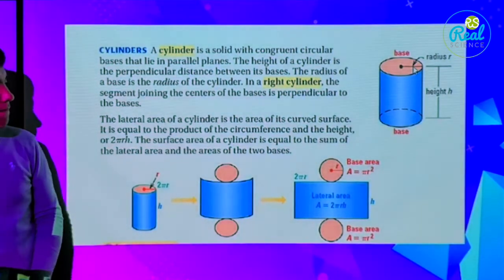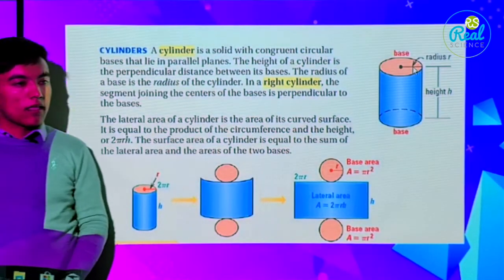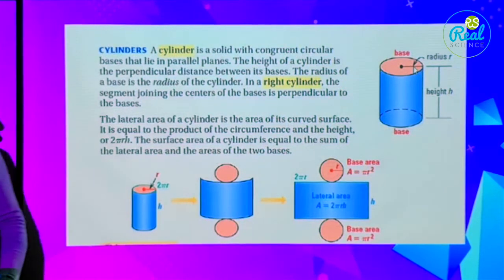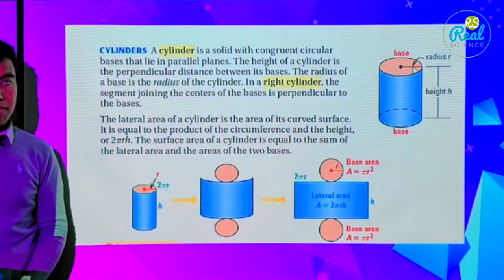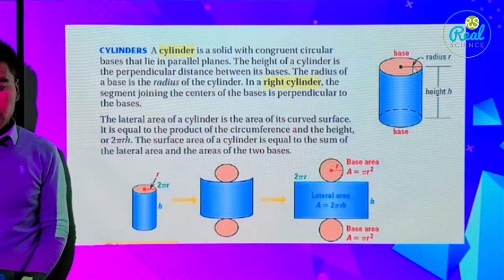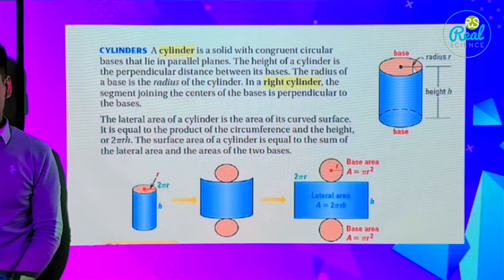Cylinder. Cylinder, actually, is formed by circling a rectangle.